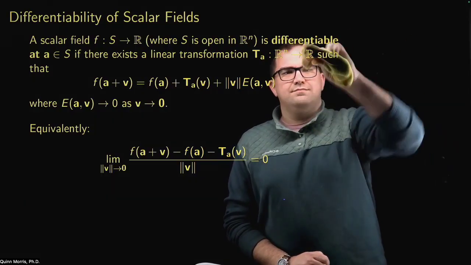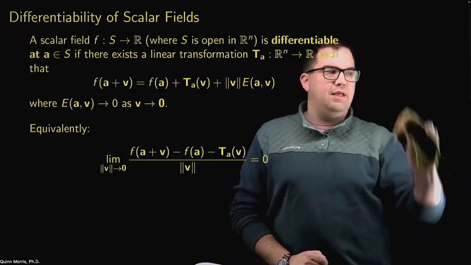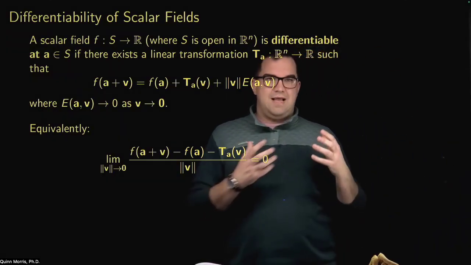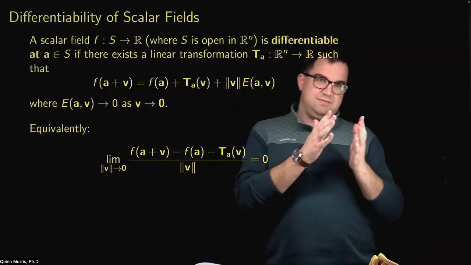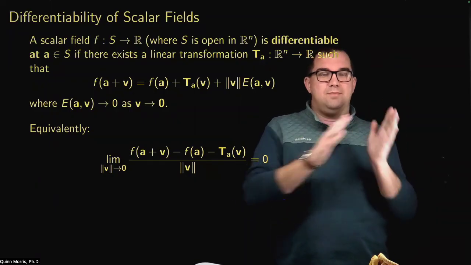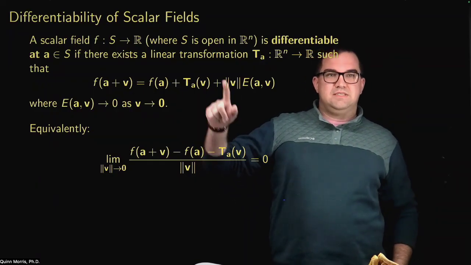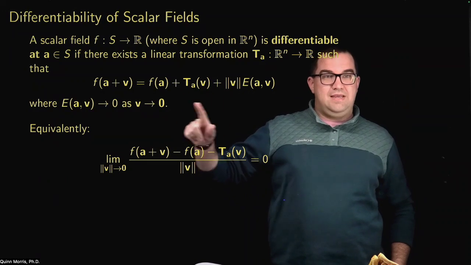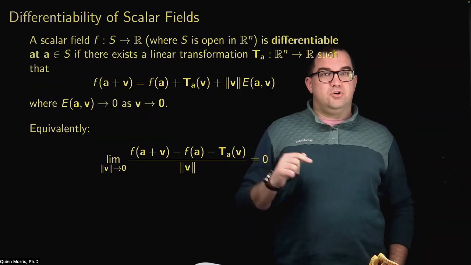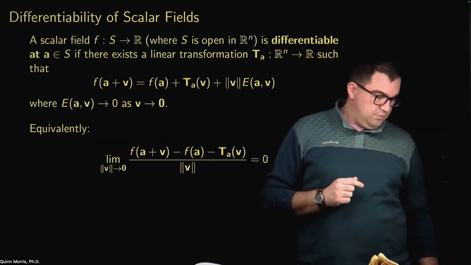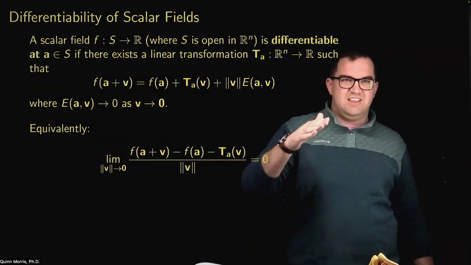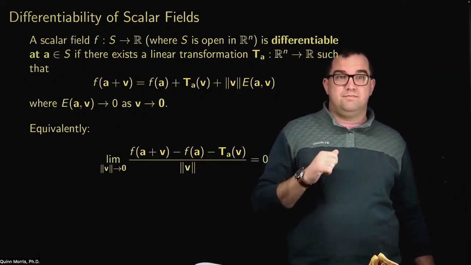Whether that's a plane or a hyperplane, geometrically, we don't really care what the object is, just that it has this linearity property and this error property that will ensure that our scalar field is differentiable. The way to think of it is that it's well approximated by some sort of linear thing.